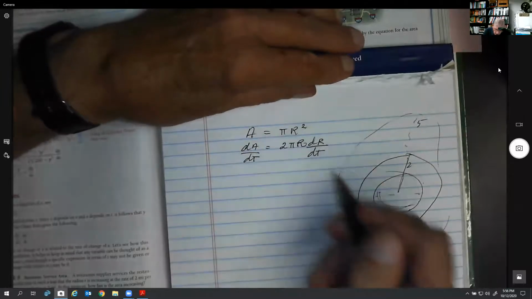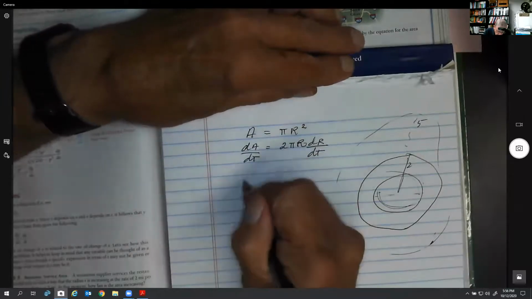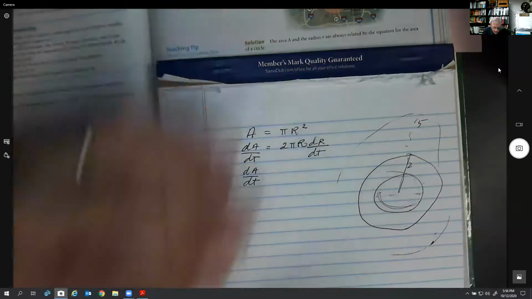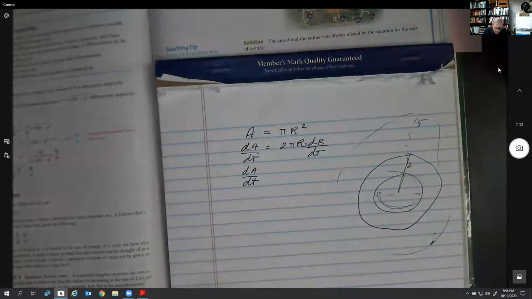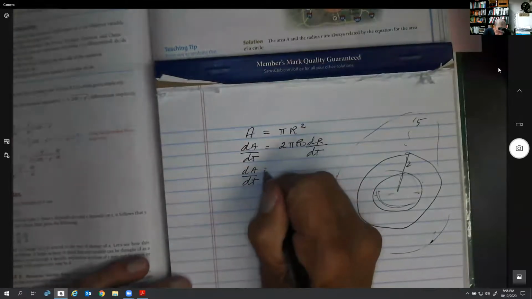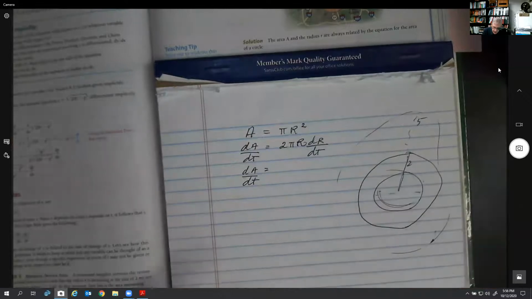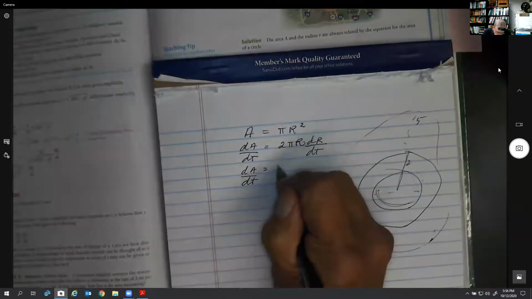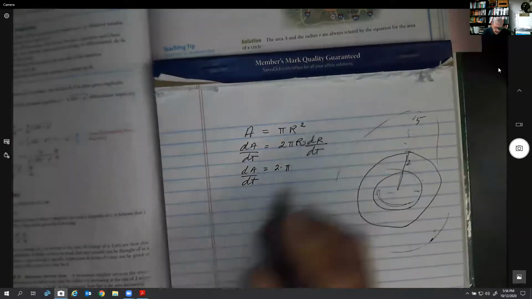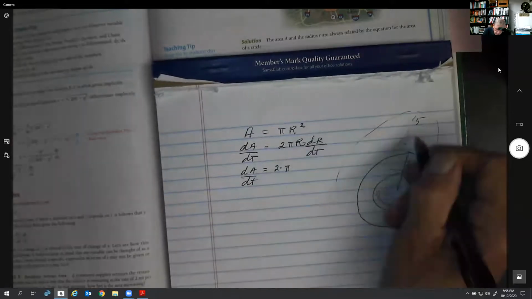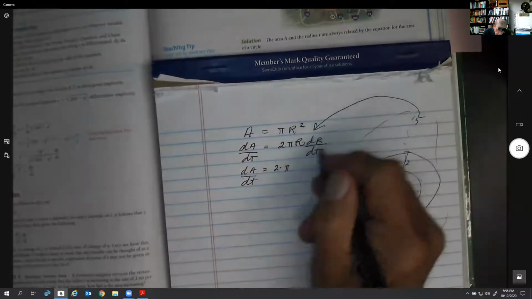What we're trying to do is find the change in the area. That's what we're looking for. How fast is this area changing? It's actually asking for the speed at which this area is increasing. It's increasing at a slightly different speed. 2 times pi. Now for the radius, we want to use 5 because that's what our final answer is going to be.